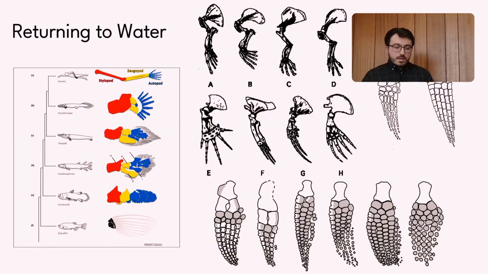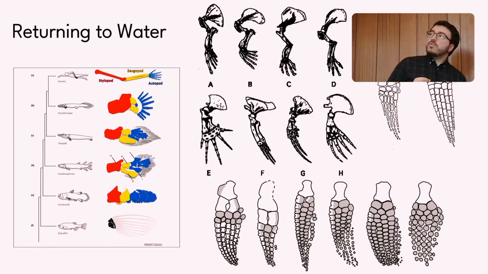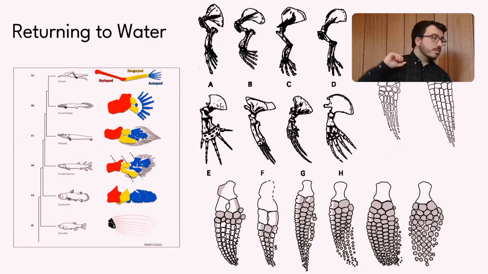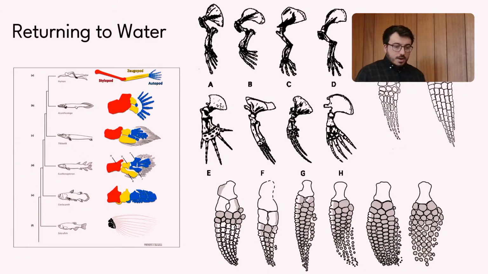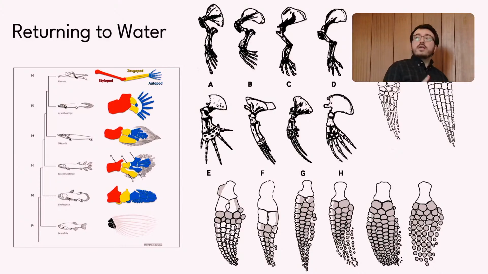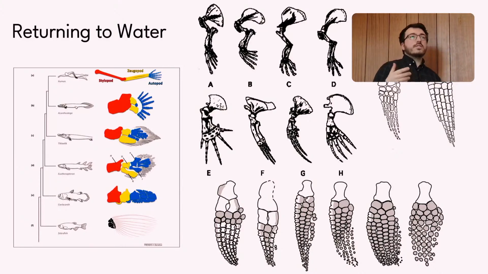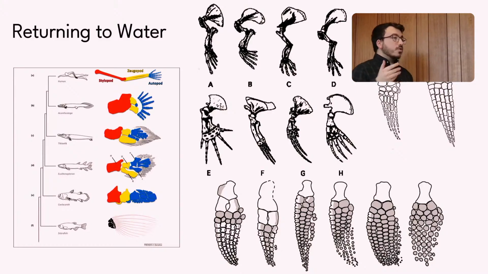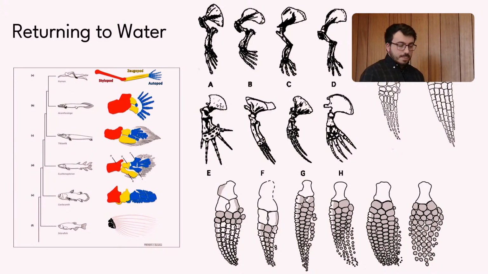So I'm going to use the example of early fish evolution here. And we're talking about how to tell that something is a tetrapod and used to live on land has gone into water.